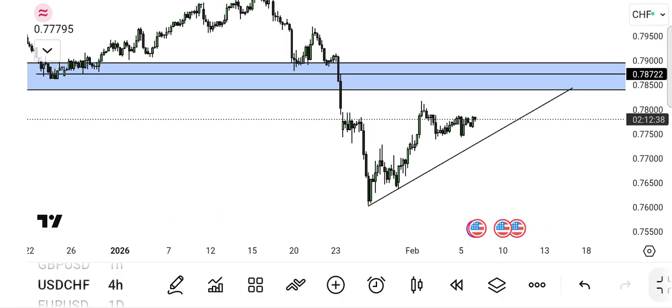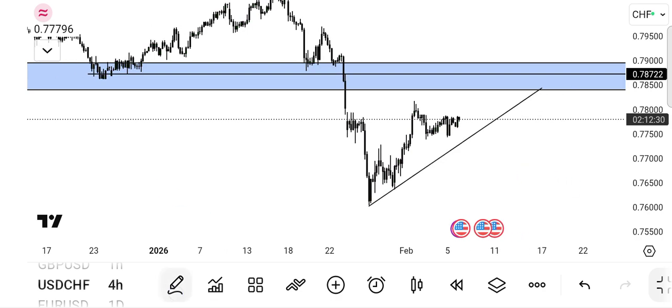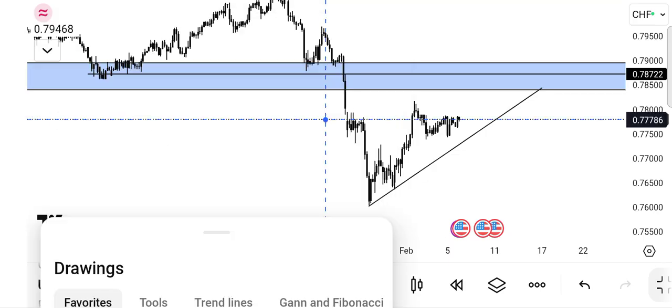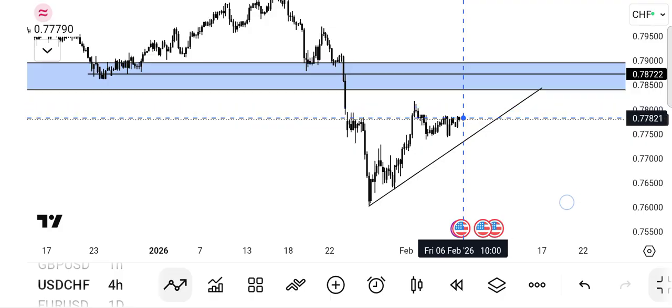On the 4-hour time frame, we could see what I call a counter trend line. I deal with the counter trend line bounce. So I'll be waiting for this market to pull further to the upside.